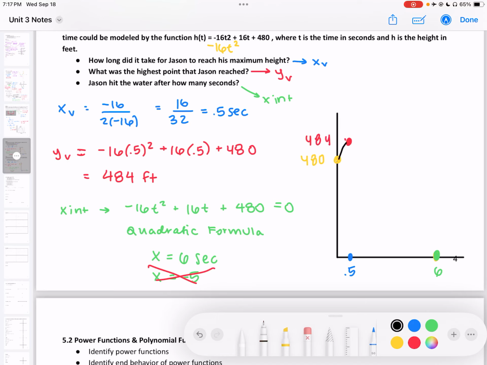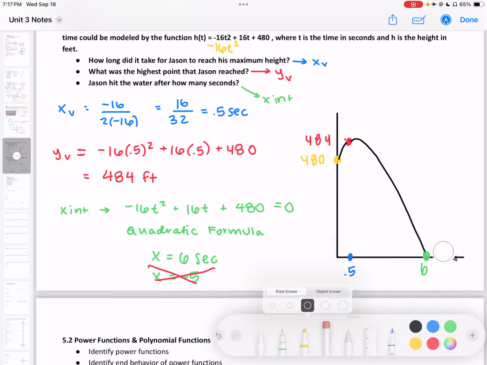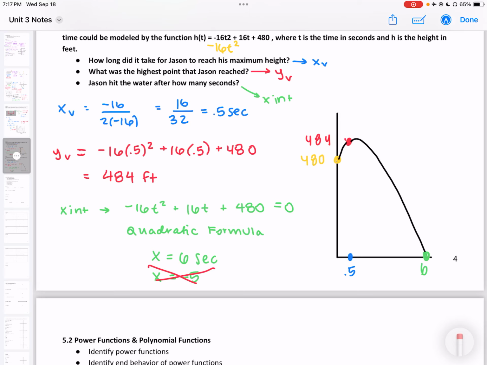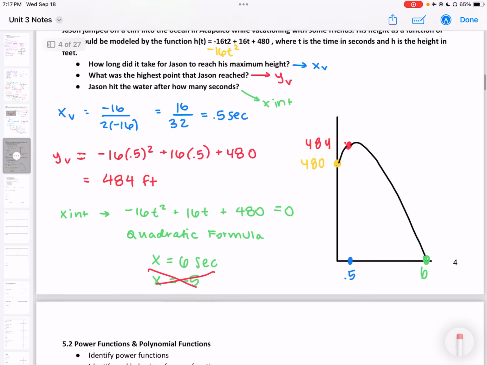Let me adjust my point here slightly so it looks a little bit better. There we go. So there is my curve. That covers it for quadratics.